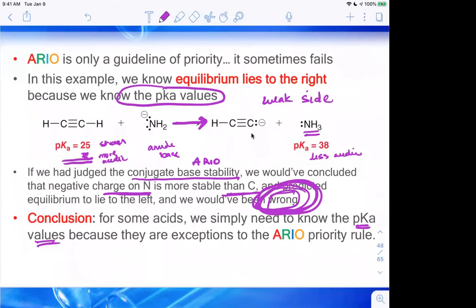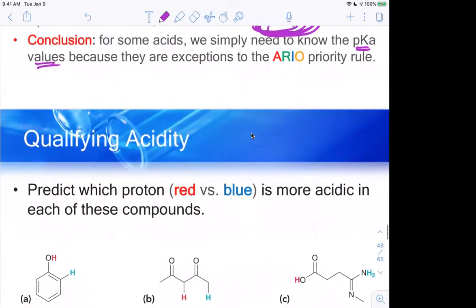But as beginning organic chemists, you should know how to do this analysis so that if you don't have your pKa chart available, or on a test, if I ask you to use the ARIO method to explain what you see on a pKa chart, you will need to know how to do this.